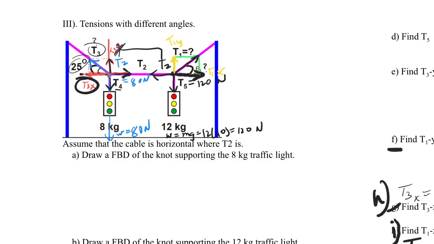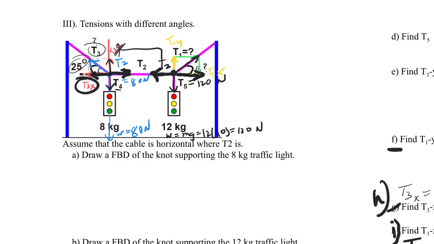But look at this. This 12 kilogram traffic light is not moving. So the tension T2 is the same as T1x. And the tension on the right side, on the second traffic light, is equal to the tension on the first traffic light. And because the first traffic light is not moving, we can say that T2 equals T1x.